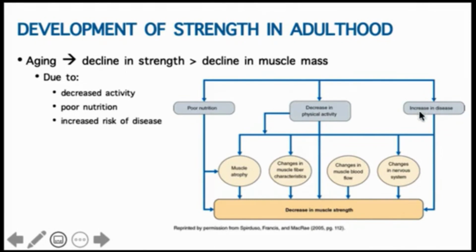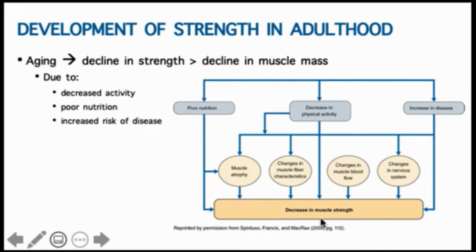We could also have increases in diseases. We said that the neuromotor control aspect, or the nervous connection between our muscle tissue and our brain, is really important. So if we mess with the neurological components in a movement disorder like Parkinson's, Huntington's, or MS, we can disrupt our muscle function or motor function, which could be directly related to strength.